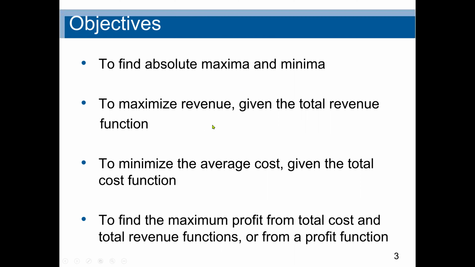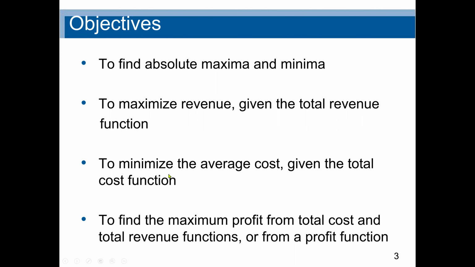After that, we are going to solve some business application problems. For example, how to maximize a revenue if a total revenue function is given. This means our aim will be the absolute maximum, because absolute maximum is the highest point from increase to decrease.